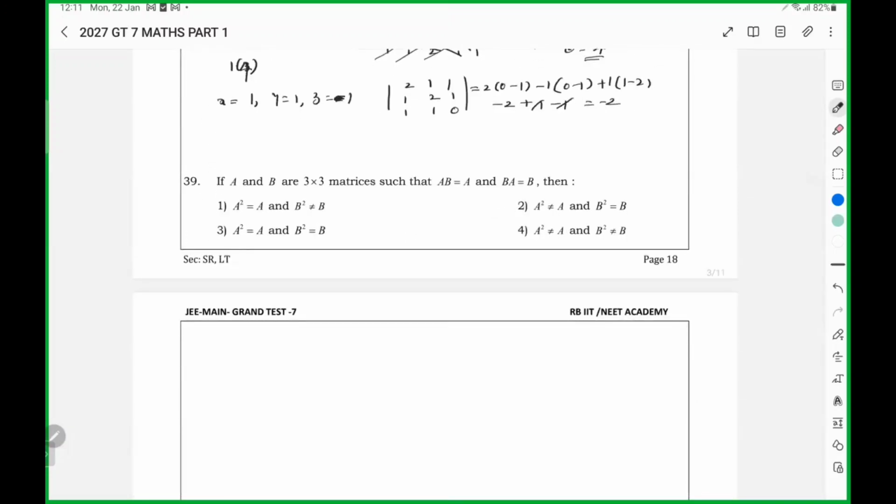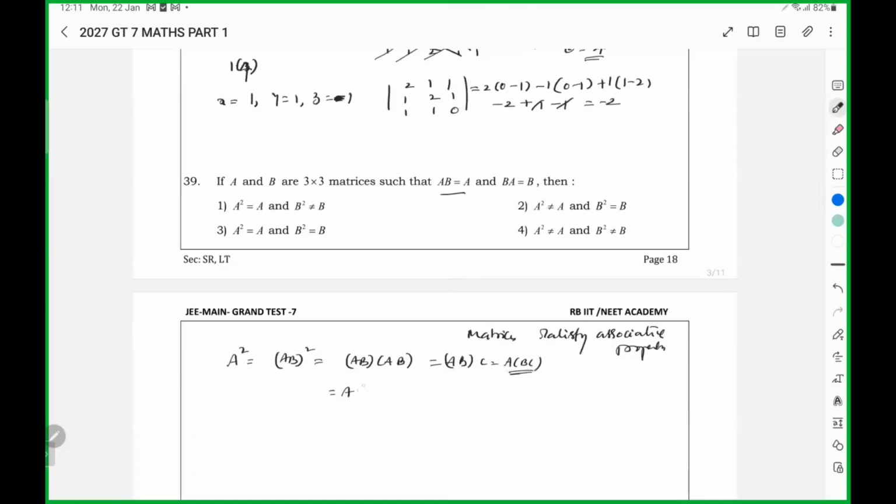Here A, B are 3 by 3 matrices. So A is given as AB, that is AB into AB. Its associated matrices satisfy the associative property. That is AB of C will be A of BC.